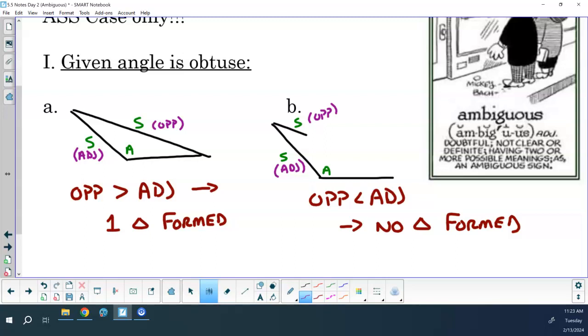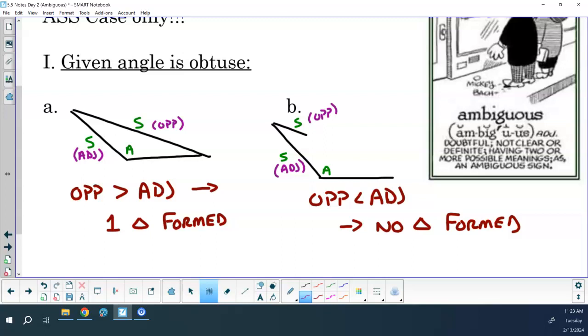How many obtuse angles can you have in a triangle? You can only have one. Okay? You can only have one obtuse angle in a triangle, because of what I just said.